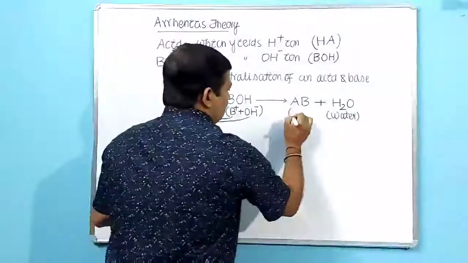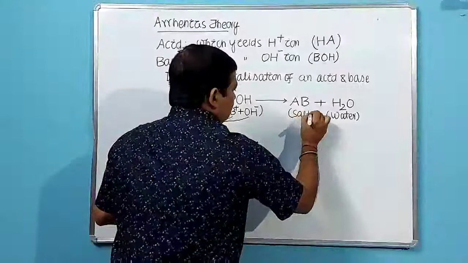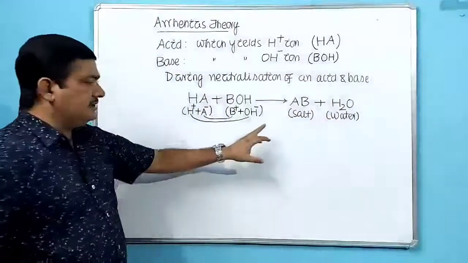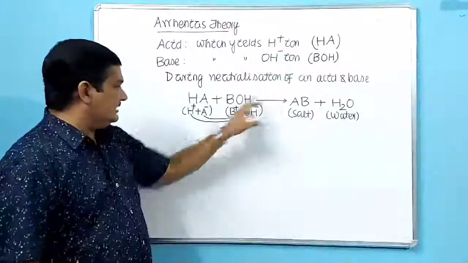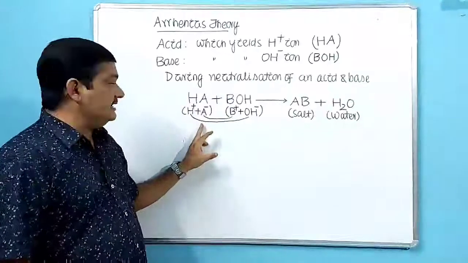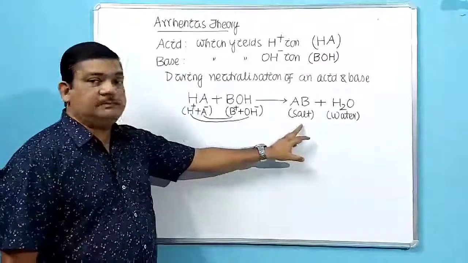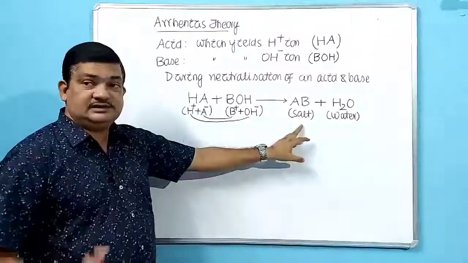Then this is a salt, which contains two radicals, A minus coming from the acid, B plus coming from the base. Okay, so this is a salt.